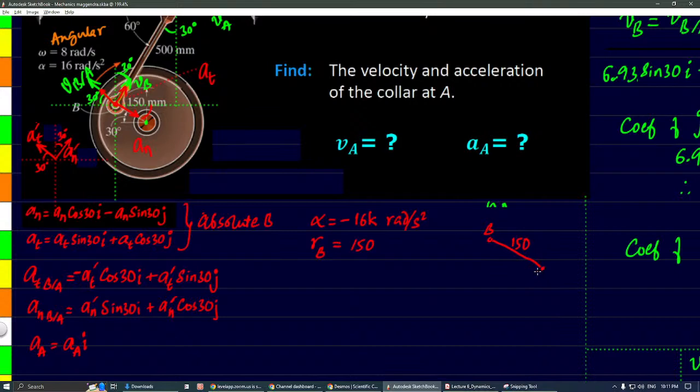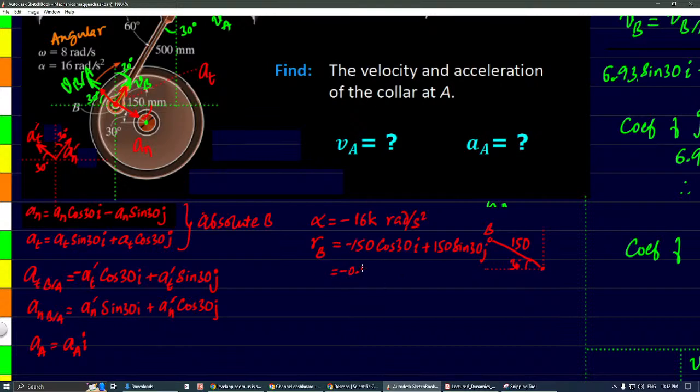So we have to find the x component and y component for this. This angle is given as 30 degrees. X component will be 150 cos 30, backside so minus, into i, then plus 150 sin 30 into j. Because it is in mm, let us divide by 1000.